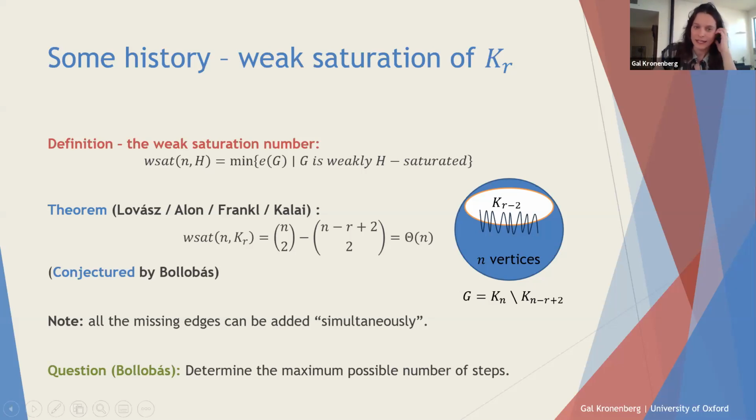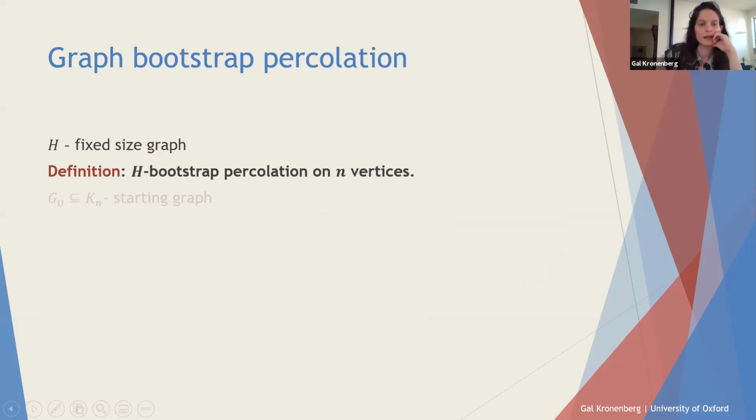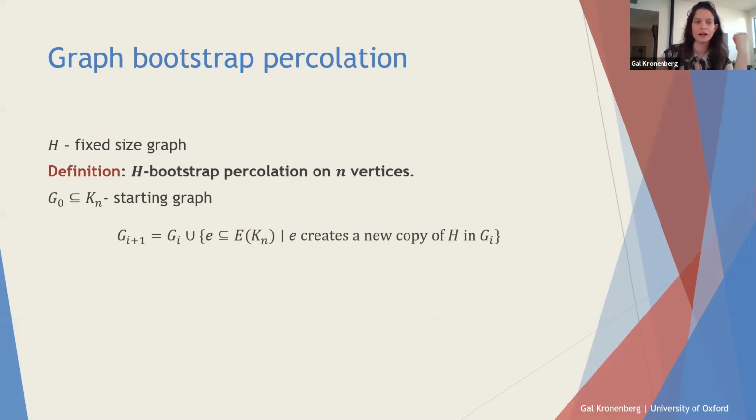Okay, so now let's define it as a process. We need to think about this iteration as a process. Let me redefine it. I have some fixed graph H in mind, and I have the H-bootstrap percolation. I have some starting graph, which is the initial set of infected edges, and I infect a new edge when it's the only one that is missing in a copy of H in the graph of all the edges that got infected until now.